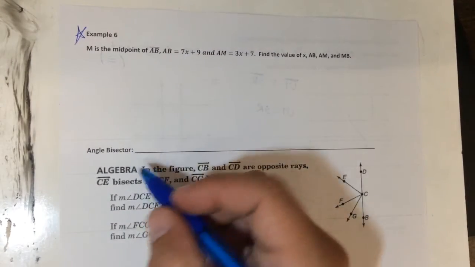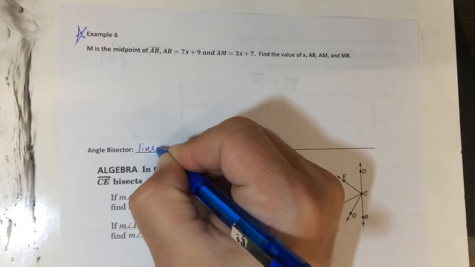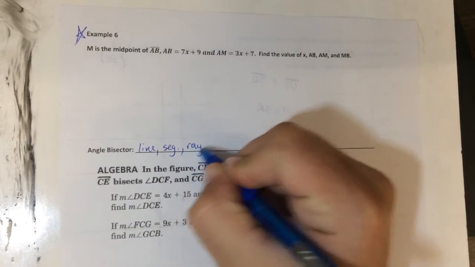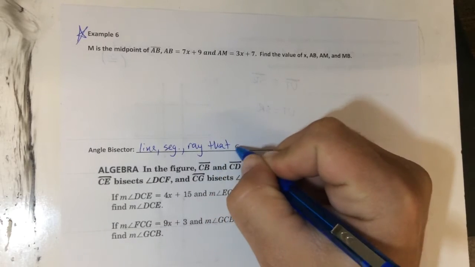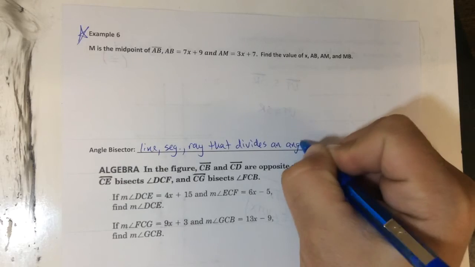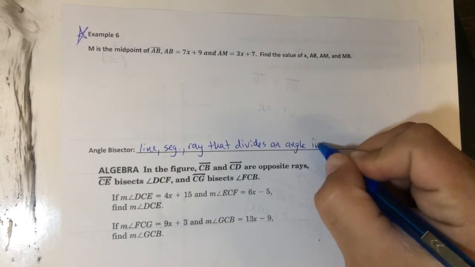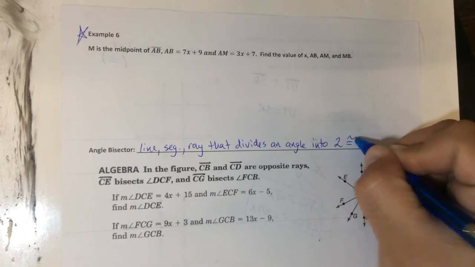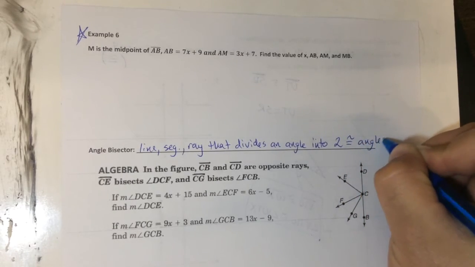An angle bisector is any line or segment, or ray, that divides an angle into two congruent angles.